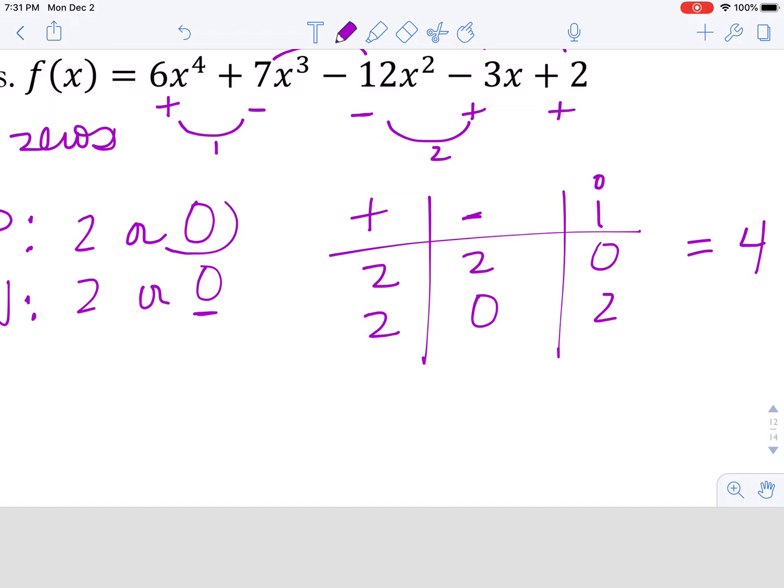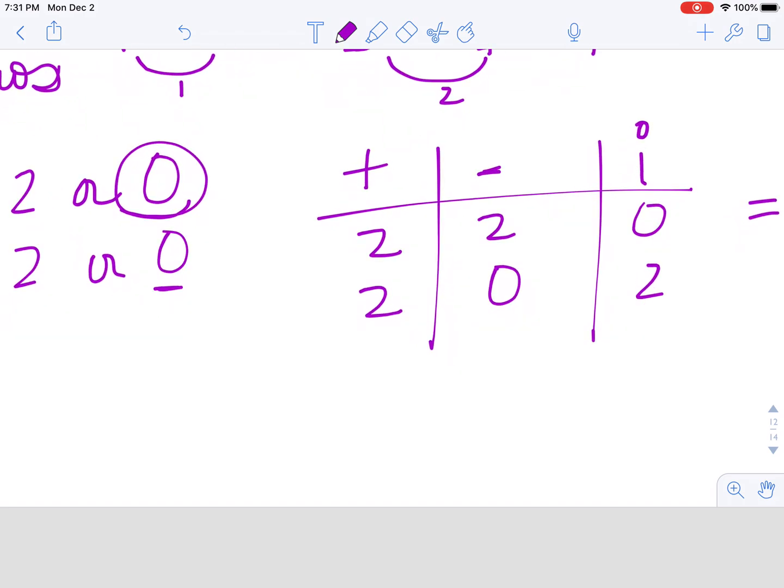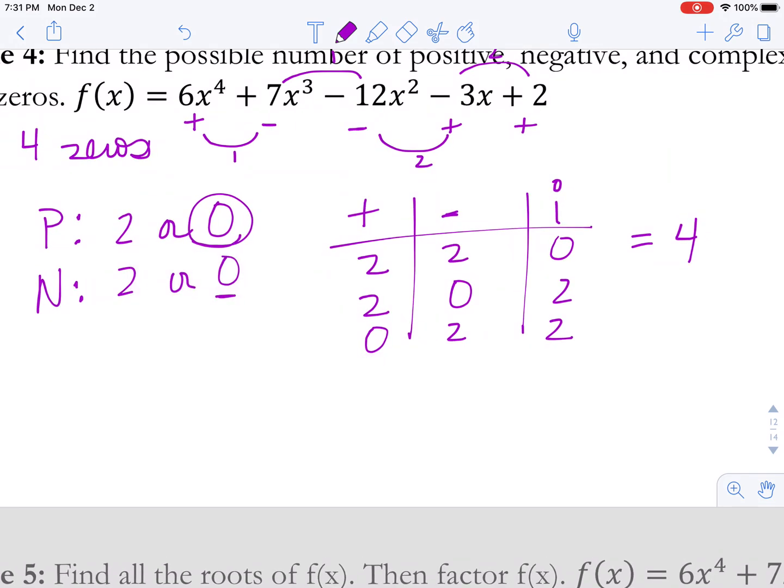Or now I can work my 0. I could have 0 positives with 2 negatives, 2 imaginaries. Or my last one is I could have 0 positives, 0 negatives with 4 imaginaries.